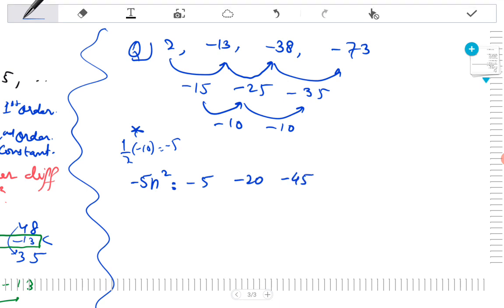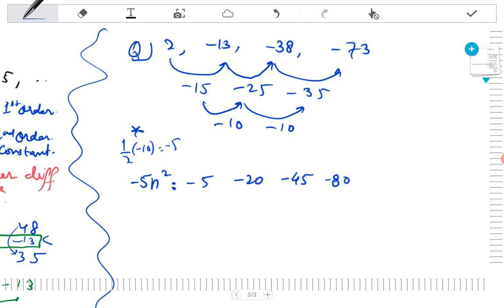The next term, we try 4. 4 to the power 2 gives you 16. 16 into 5 is 80, but the minus sign makes it minus 80. So this sequence gives us minus 5, minus 20, minus 45, and minus 80.